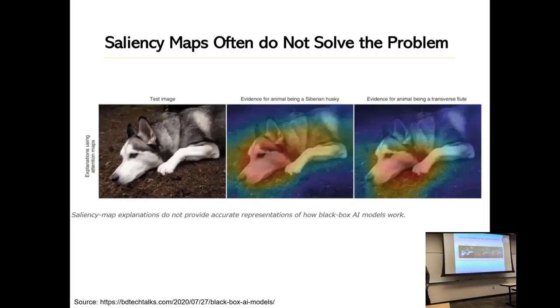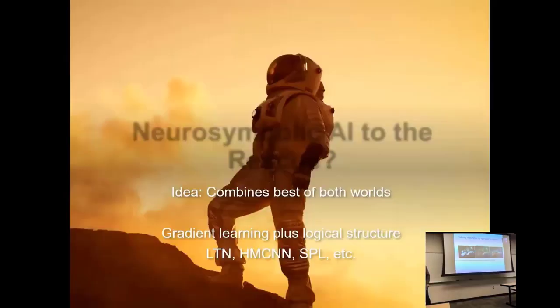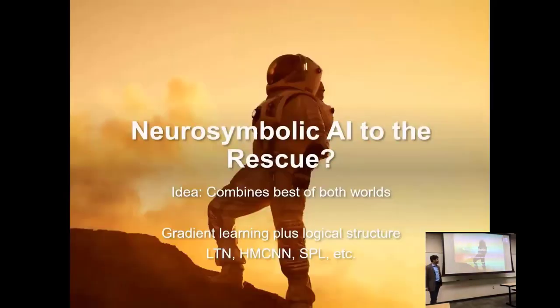So we see all these normal complaints about machine learning, and of course, AI to the rescue, right? The goal is combining the best of both worlds, gradient learning plus logical structure. We got all these great methods, right? Well, it turns out that you can still have some serious mistakes.